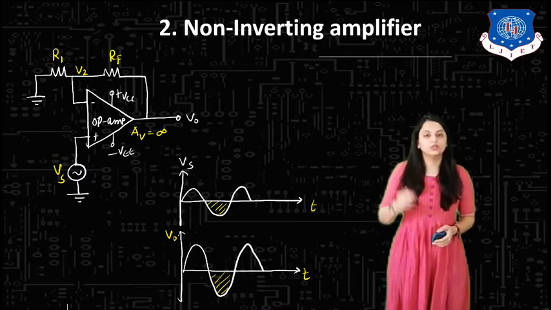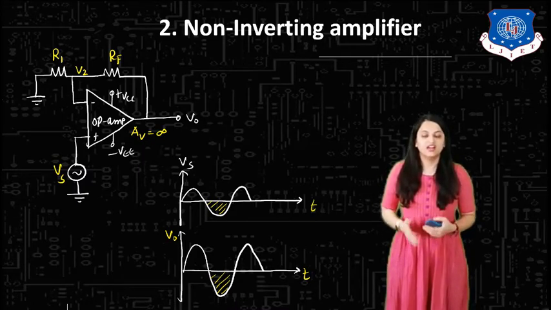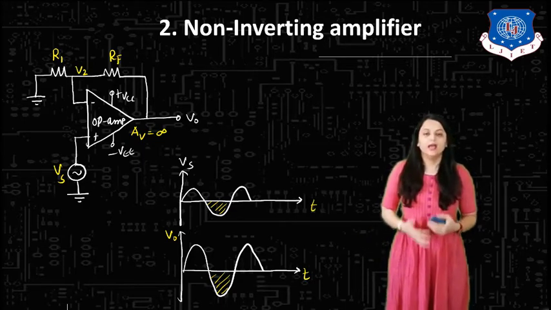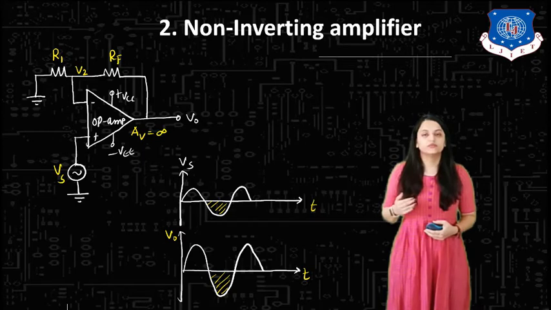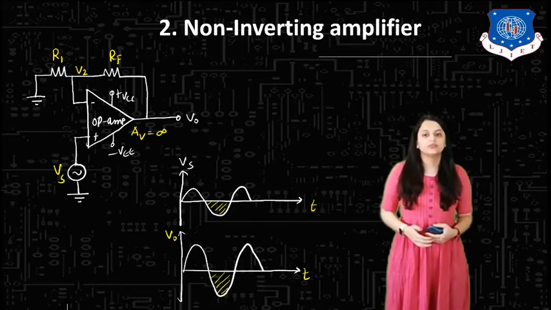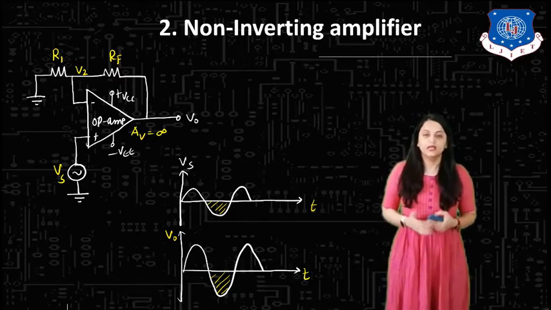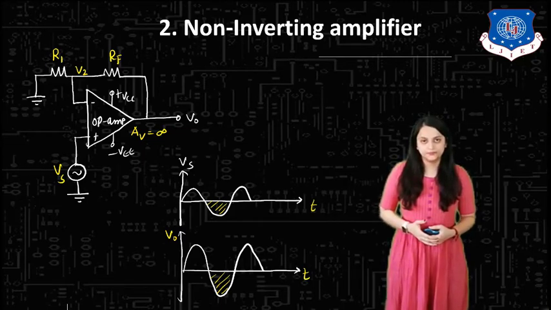That's why it is given to the inverting terminal, having the input resistance R1 and feedback resistance Rf. At the non-inverting terminal, the voltage is Vs, source voltage, that is also V1, and at the inverting terminal, the voltage is V2. Here also we have considered the voltage gain of the op-amp to be ideal, that is infinite.